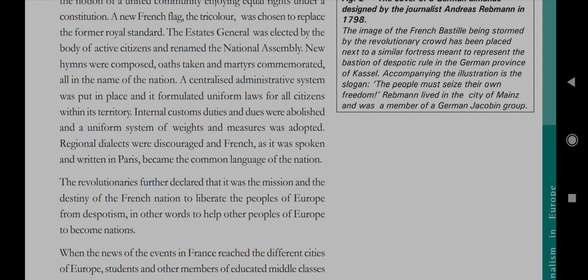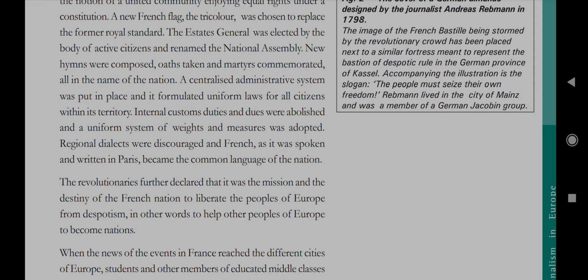Then a centralized administrative system was put in place, and it formulated uniform laws for all its citizens within its territory. Now what does that mean? Say a constitution was put in place basically, which formulated rules for all the citizens who were there in the territory or the boundaries of the country.